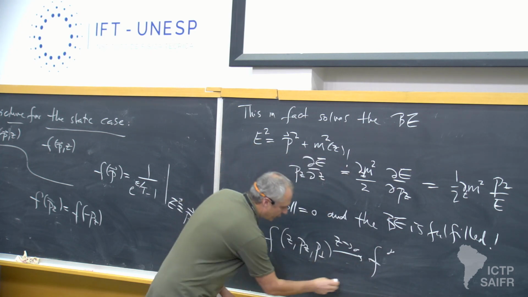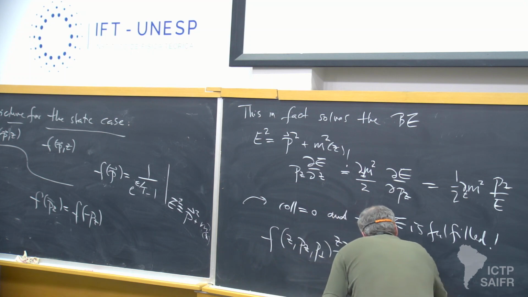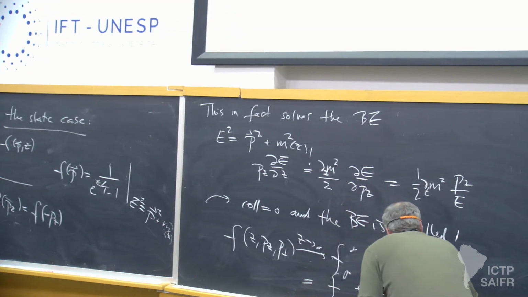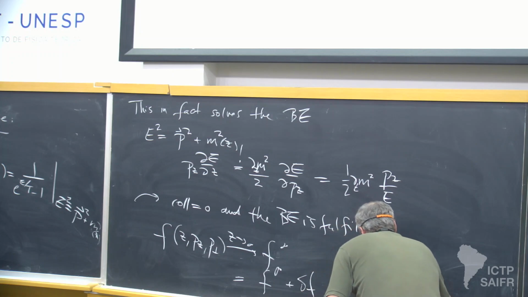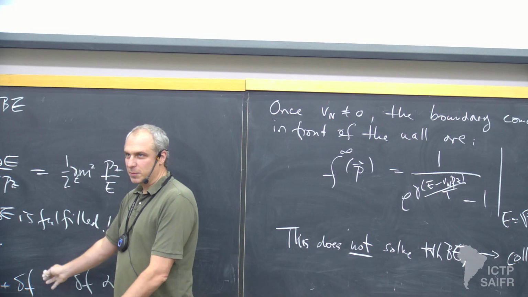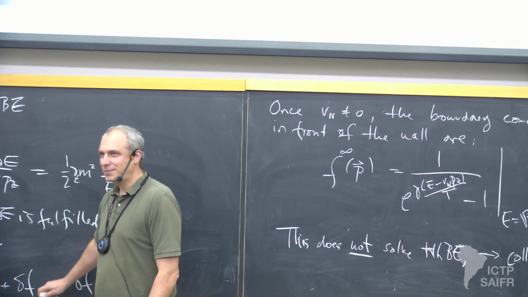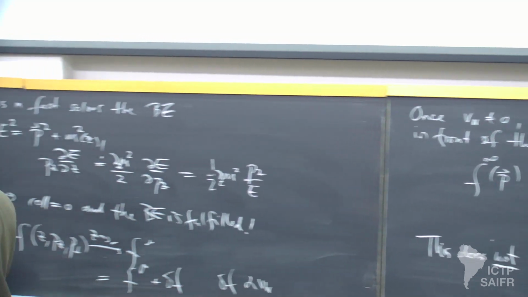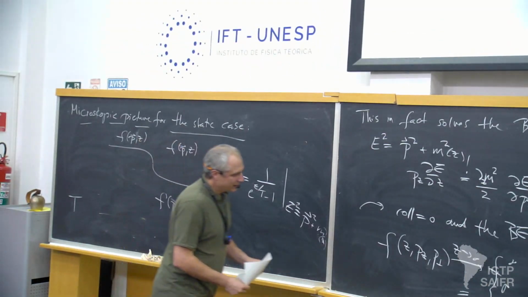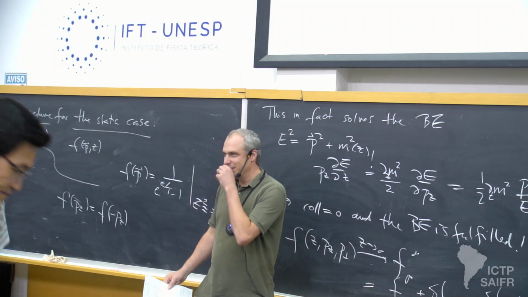But in general, it will be F infinity plus a delta F, and the delta F will be proportional to the wall velocity, okay? Now, in principle, you have to solve the full Boltzmann equation in order to figure out what delta F actually is. But what we figured out is that this is really non-zero, and it's proportional to the wall velocity. That's why I did this analysis.